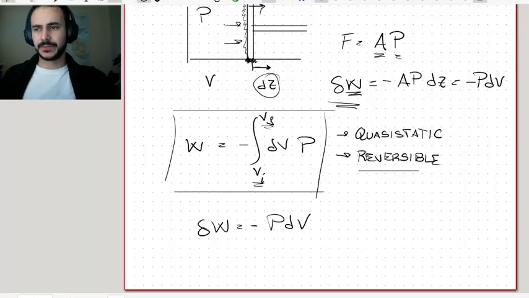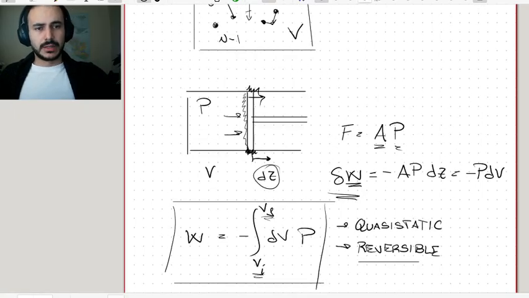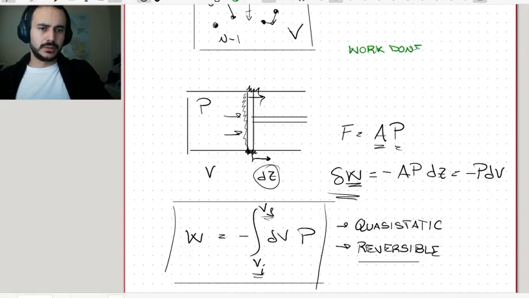Also very important, I actually cannot highlight it enough. Please, please, please, I'm going to write this with colors, okay? Work done on the system, let's write it in green.